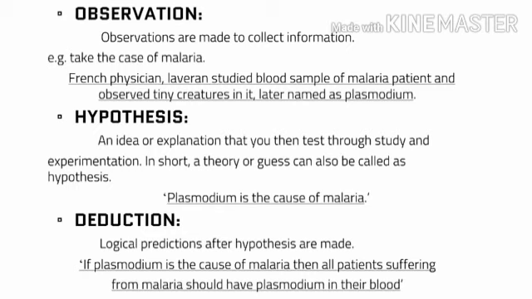The third one is deduction. Deduction is the logical explanation of hypothesis. It doesn't require any type of experimentation. For example, in case of malaria, if plasmodium causes malaria, then all persons having malaria should have plasmodium in their blood.